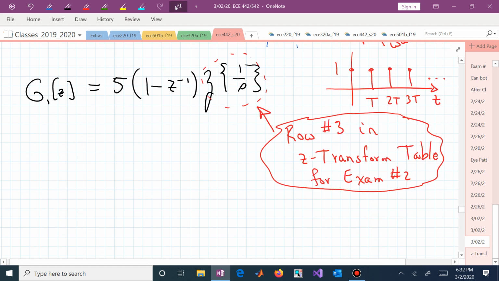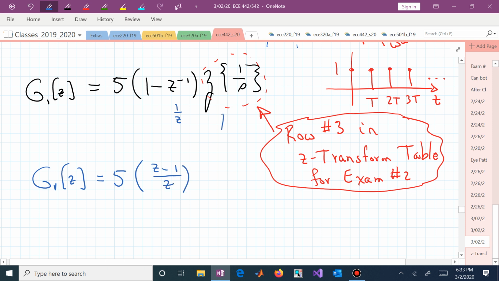So what do we have? Now we can put all of these pieces together. G sub 1 of Z is now 5. What's this? This is now 1 over Z, but I can put that all over a common Z. Do you see that's okay?